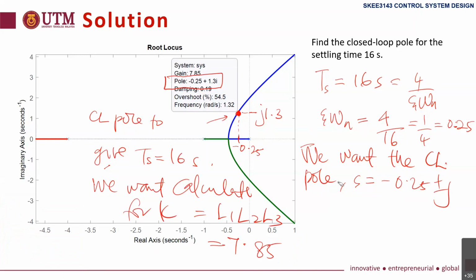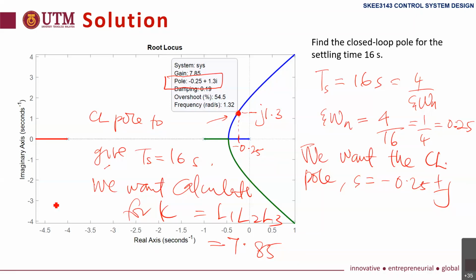Any question here? I'm showing you gain adjustment. First, to obtain damping ratio, the other one to obtain settling time. We can also ask you to find K to obtain peak time.